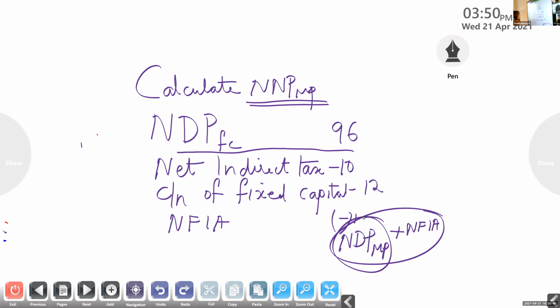From that, what do we have to do? Do we have to add something or reduce something?